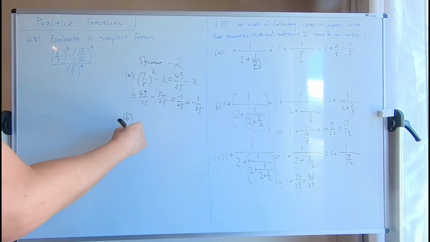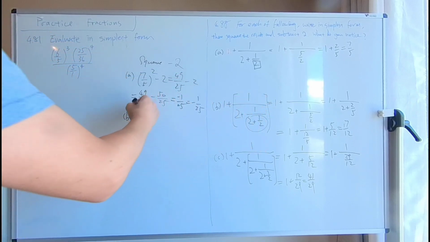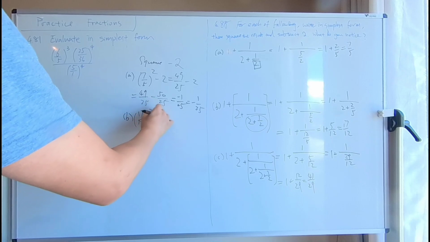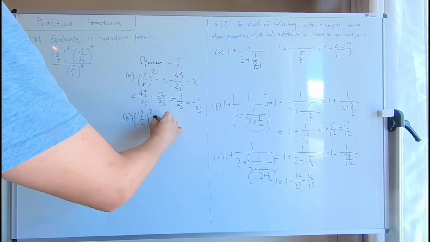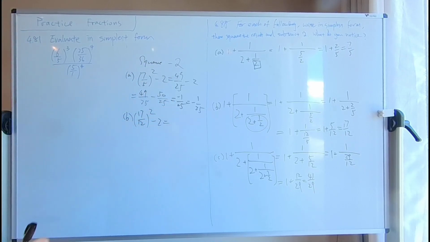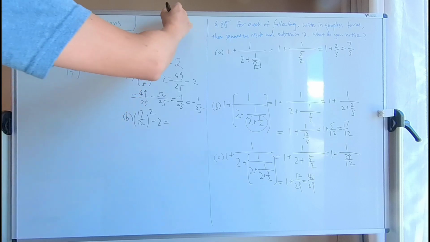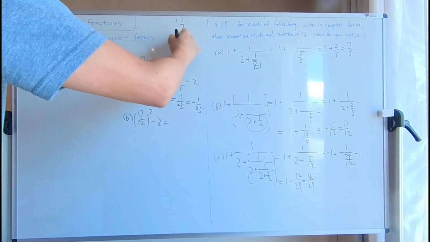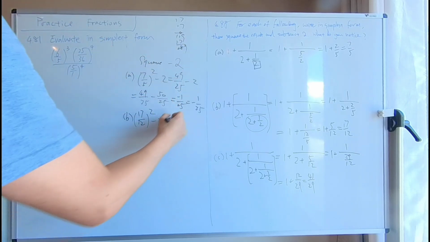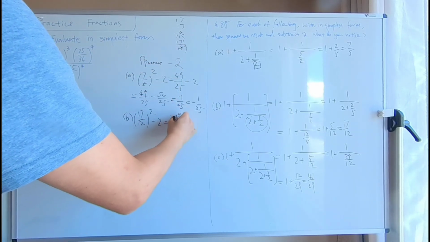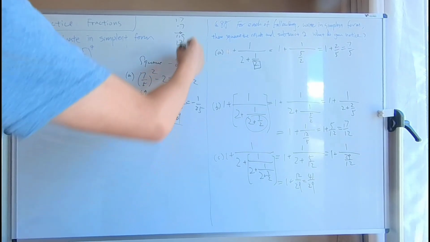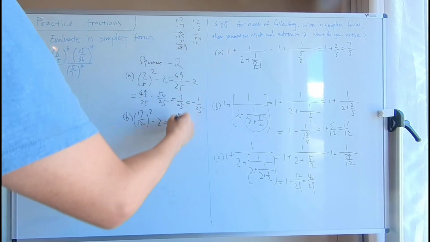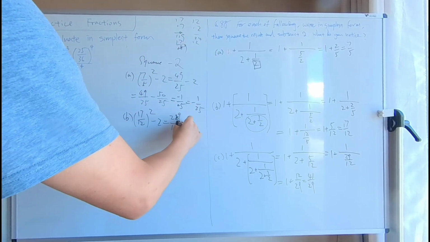Okay, next in B, I have 17 over 12. Taking the square, minus 2. I have the square of 17, 289, over the square of 12, 144.